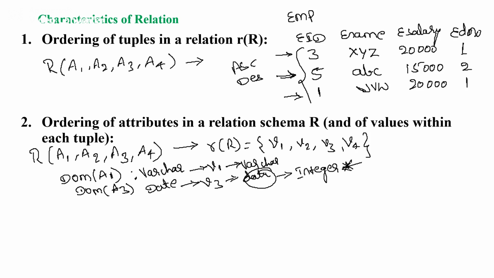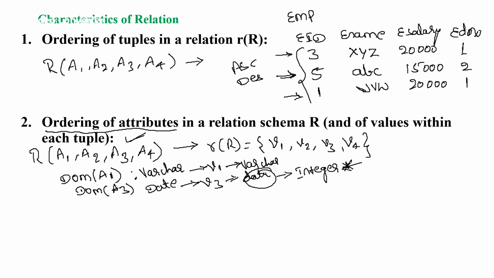That is what we call the second characteristic of a relation, the ordering of attributes. In the same order we created the table's attributes, we need to insert the tuple values. If the order is missing, there will be an error message, or the insertion won't be meaningful for that particular attribute.